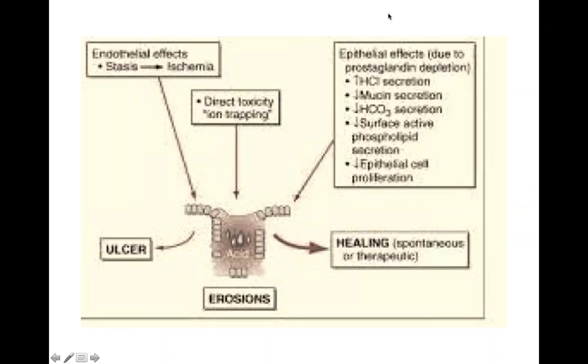NSAIDs cause dyspepsia by two mechanisms: either direct toxicity, like when we give the patient aspirin or any other NSAID, it will cause direct damage to the mucosa of the stomach, so the patient will have symptoms like abdominal pain, or they cause prostaglandin inhibition. So there are two mechanisms, basically.